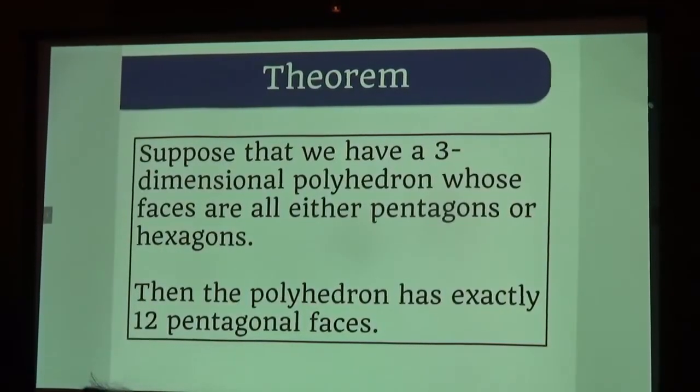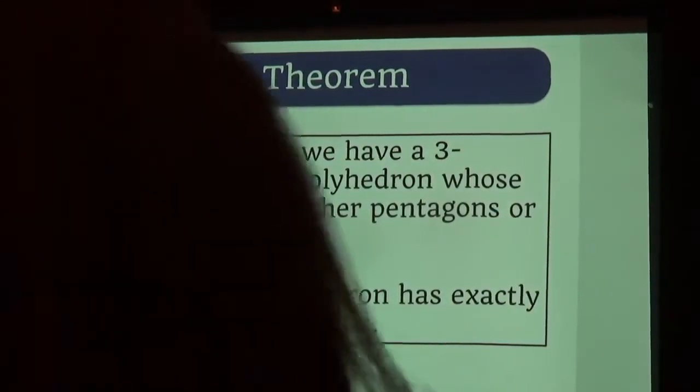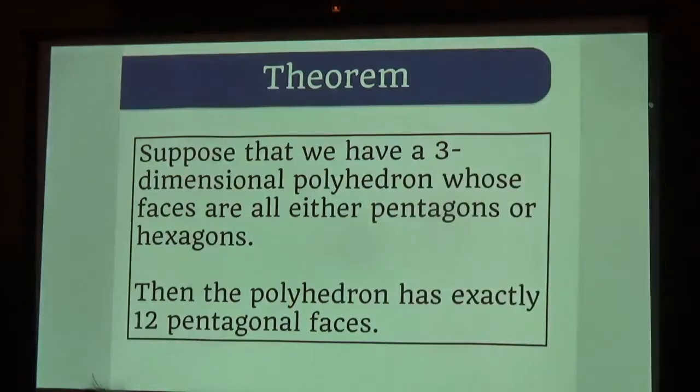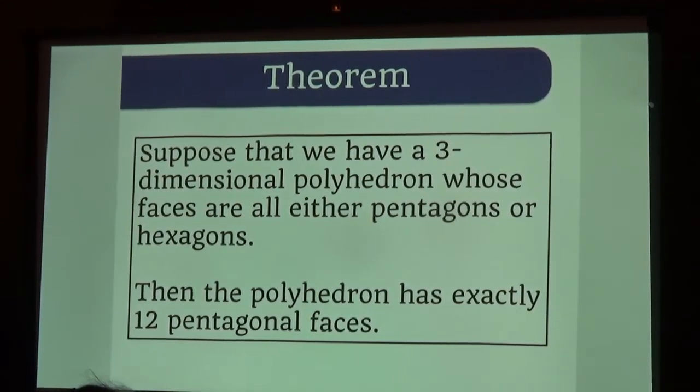So, here's the theorem. This is a sort of complicated theorem, and in a minute I'll give the punchline. So, given a three-dimensional polyhedron, there's nothing more complicated to this other than this three-dimensional shape with flat faces, whose faces are all either pentagons or hexagons. This is it. That's all I need to know.